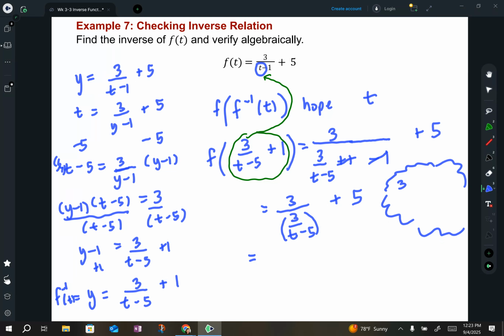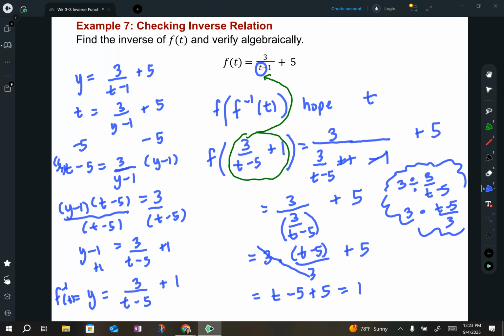I have 3 divided by 3 over t minus 5, and that's the same as 3 times t minus 5 over 3, using my division of fractions rule. So this becomes 3 times t minus 5 over 3, and I still have this plus 5 along for the ride. The 3's cancel each other out, and I get t minus 5 plus 5, which is t.